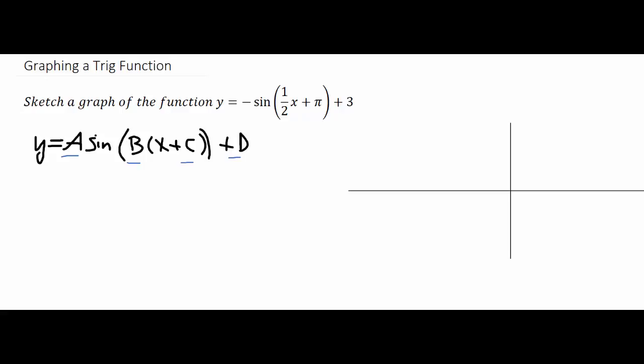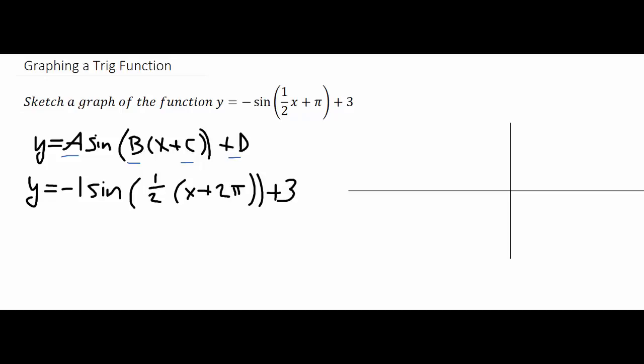So if I rewrite this expression now, I have y equals -1 times sine of, well, I could factor out the 1/2, so then I have x plus 2 pi, plus 3. So I know that it's horizontally shifted to the left. So here I have a left shift by 2 pi units and a vertical shift up 3 units.